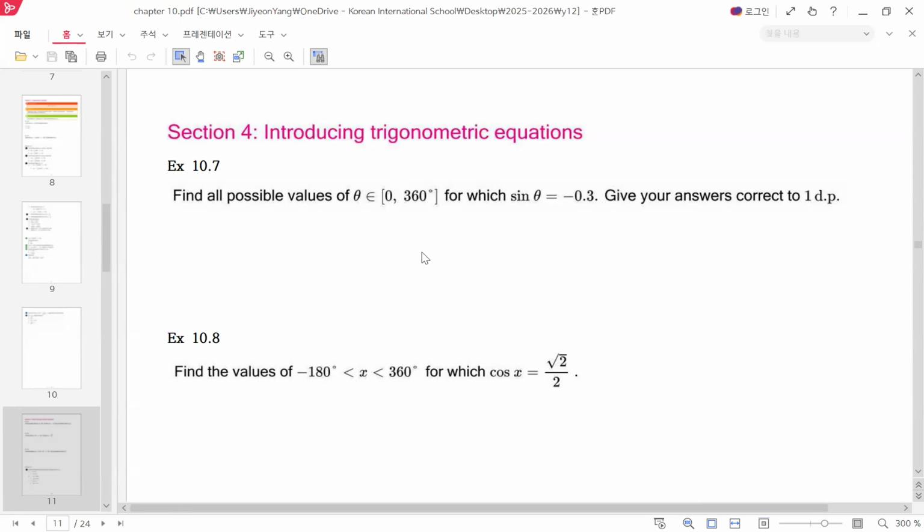And what's the next? 180 minus theta, 180 plus theta, and then 360 minus theta, and then negative theta. Sine, cosine, tangent of theta, and then 90 minus theta, 90 plus theta, 270 minus theta, and then 270 plus theta. Very good.